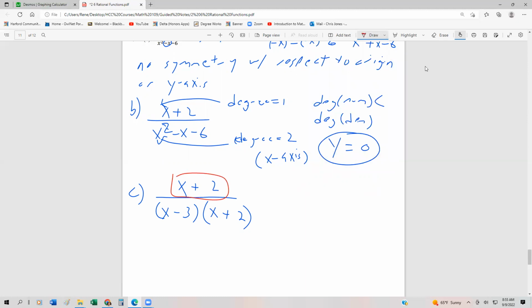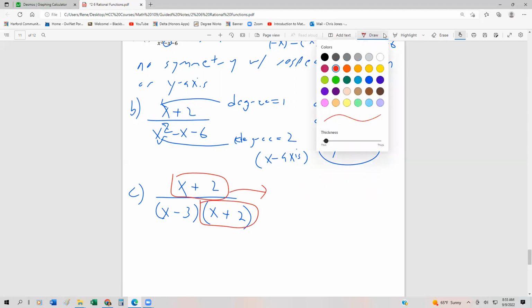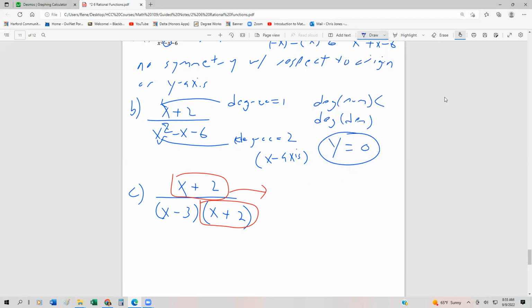All right, so that means that there's going to be a hole in the graph of the rational function. So there's a hole when x + 2 is equal to 0, or when x is equal to -2. To find the coordinate, we're going to cancel those out.